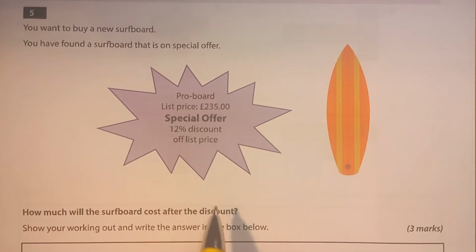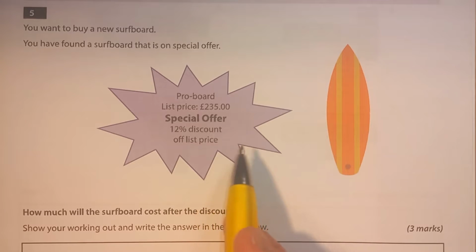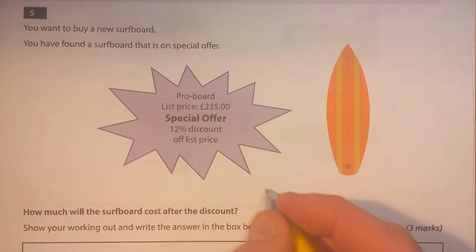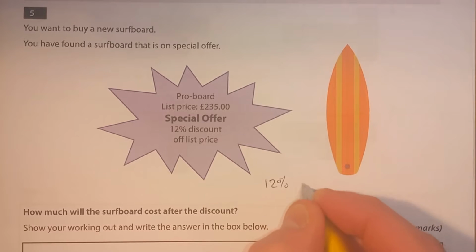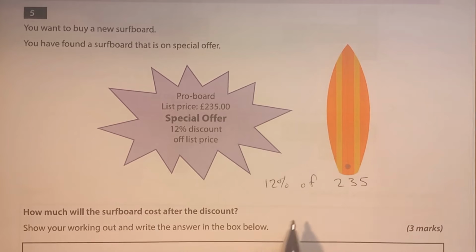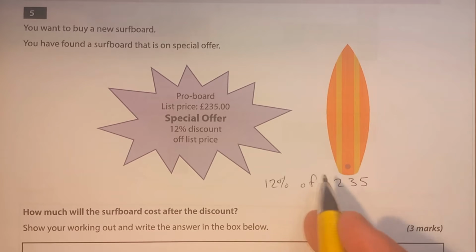Right, 12% discount. So that means we need to take 12% off of this figure. Okay, now remember we're in the non-calculator section. So we do want to work out 12% of 235, but without a calculator, well, you could do 12 divided by 100 times 235 and work it out that way.